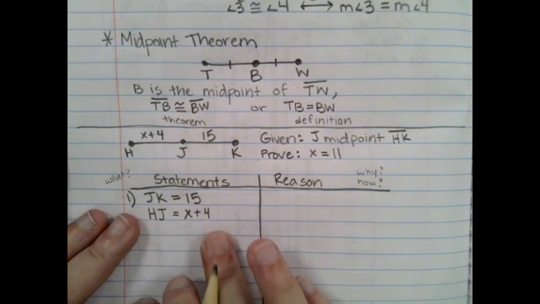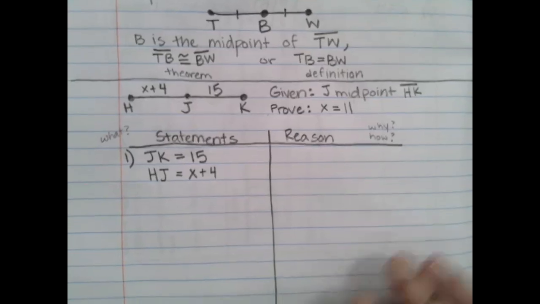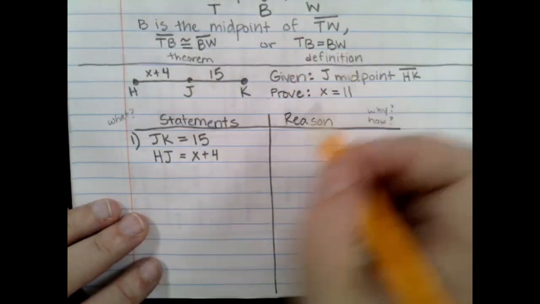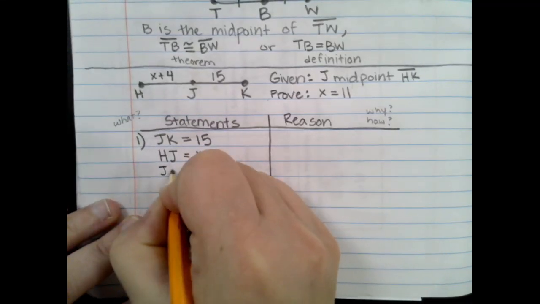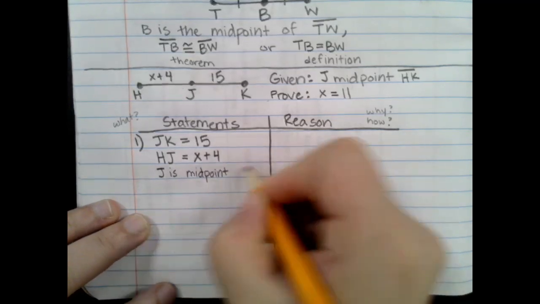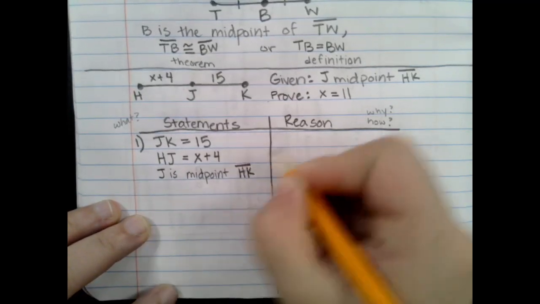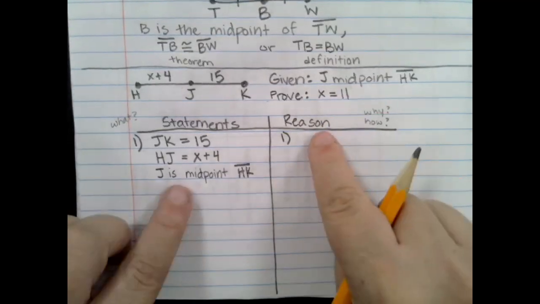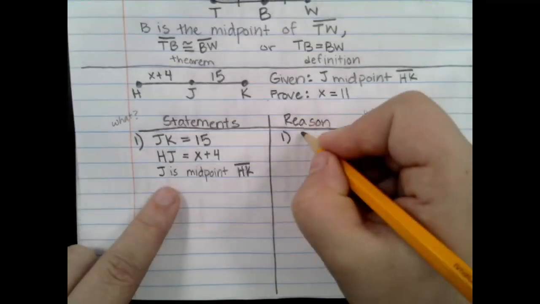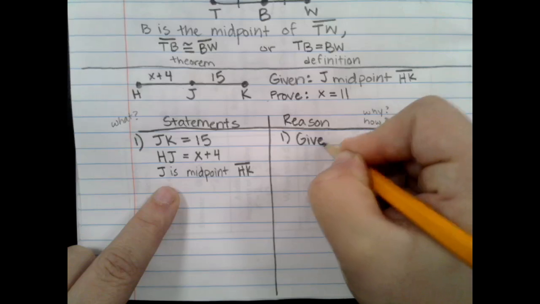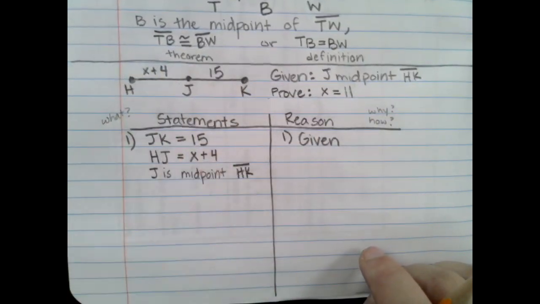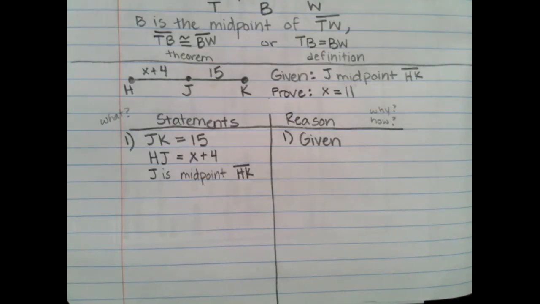Okay, those are from the picture. And then from the actual given here, we know J is the midpoint of HK. So all 3 of those are the given. Our given is always what we're given, either in words, or what they told us in the picture, and we just have to name what we are given in that picture.